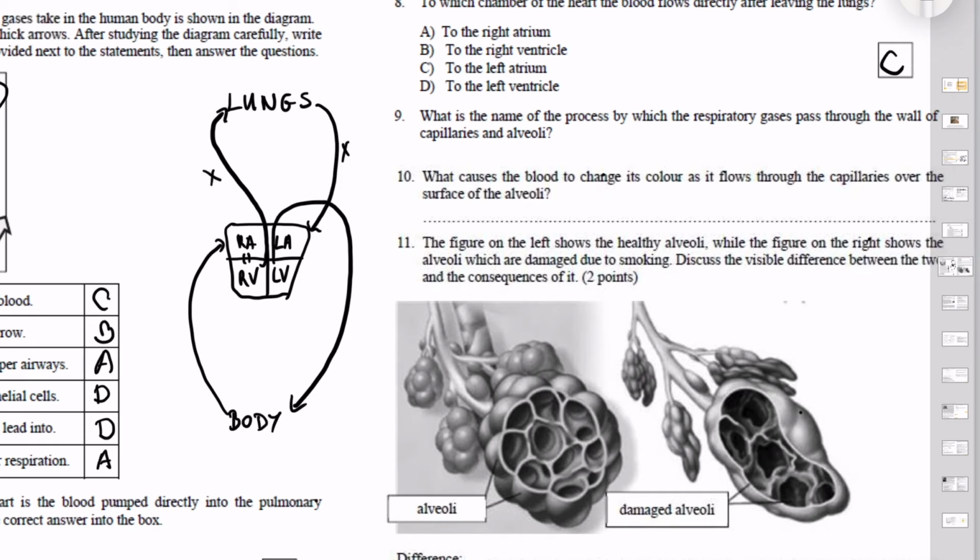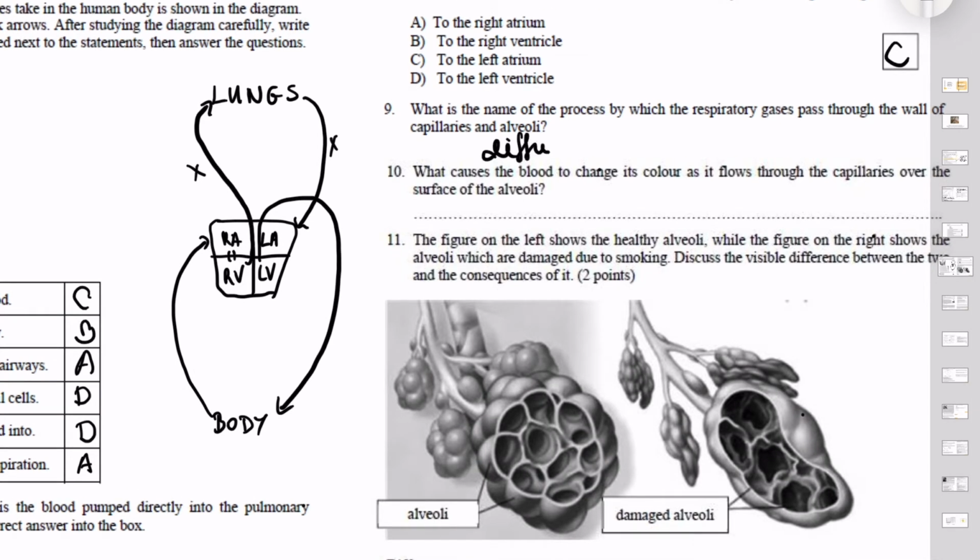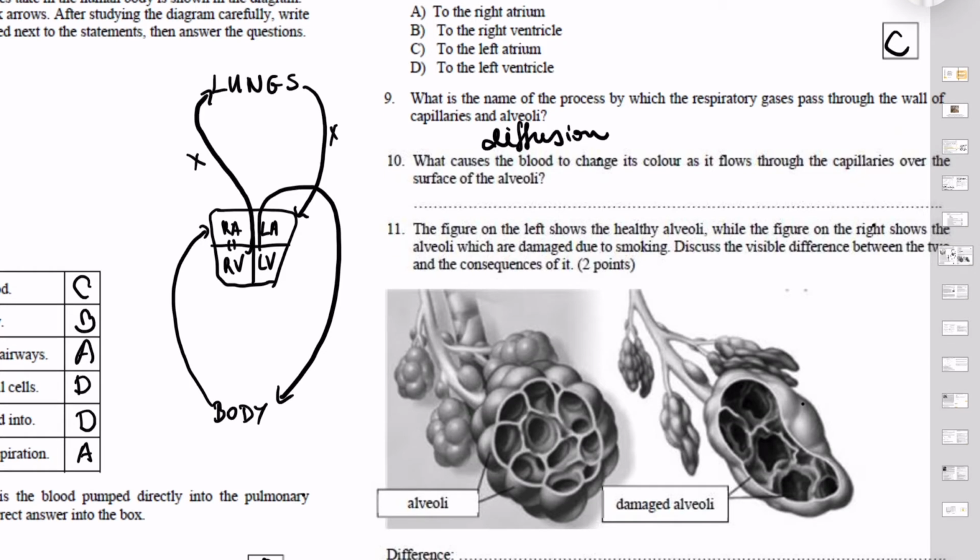That's simple diffusion, so a passive movement of gases according to the concentration gradient. What causes the blood to change its color as it flows through the capillaries over the surface of the alveoli? So when oxygen binds to hemoglobin, basically the blood becomes oxygenated, and that will cause the color change.